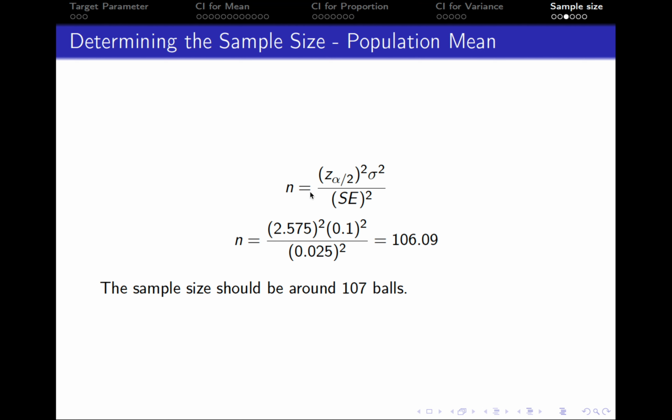So we use the formula for the sample size from the slide before the previous slide. So we substitute everything into the equation and we get the sample size of 106.09. So approximately we can say that the sample size should be around 107 balls. So the manufacturer should select 107 balls.